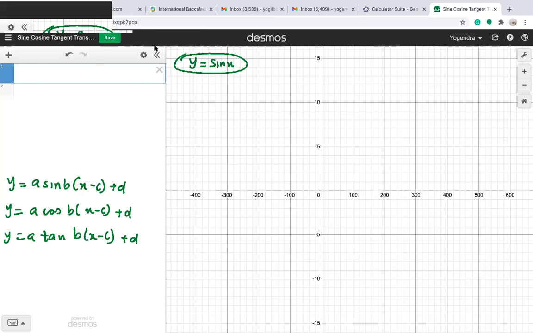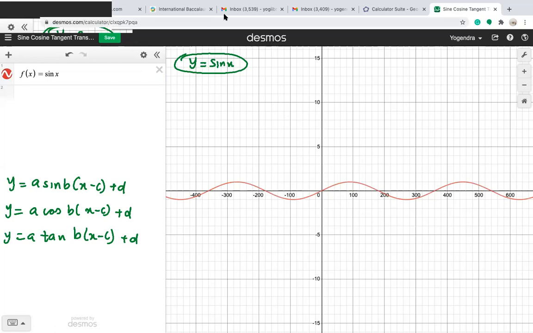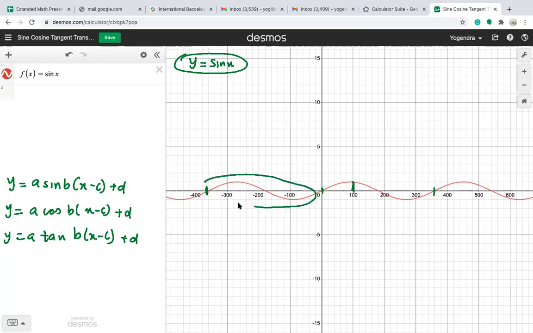First I'm going to show you the original sine x graph, which is y equals sine x. So when I have f of x equals sine x, you notice the original graph has an amplitude of 1, and the time period is 360. This same cycle is identical throughout, so you can cut this part and it is going to be identical everywhere.